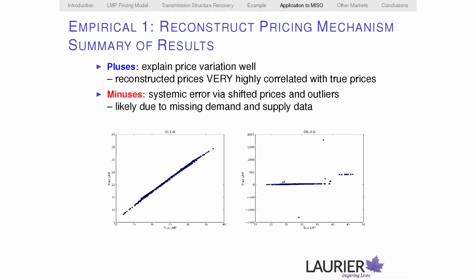If you get rid of the outliers, you'd see that these two subsets have a similar correlation. They're nice straight lines, but there's some systemic error there, which we believe reflects missing demand and supply data.